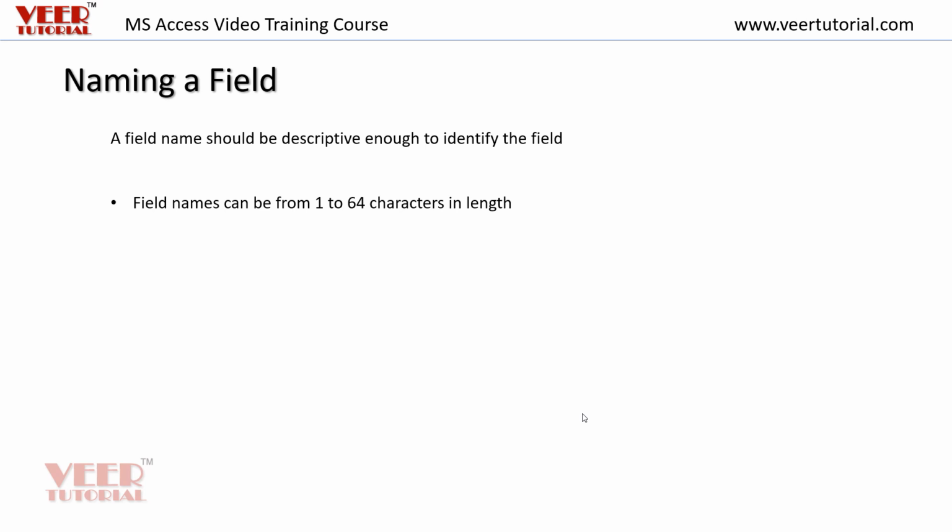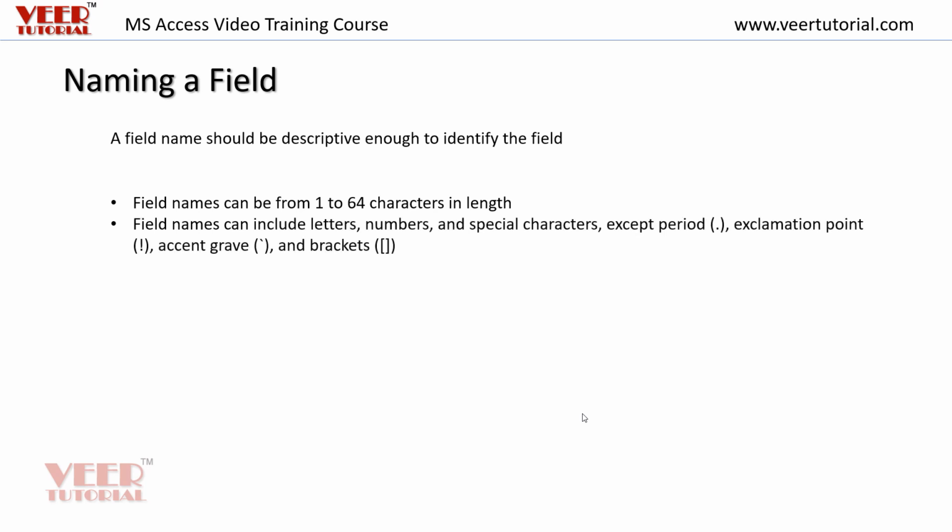There are some rules we need to follow for naming a field. A field name can be from 1 to 64 characters in length. A field name can include letters, numbers, and special characters, except periods, exclamation points, accent grave or brackets.